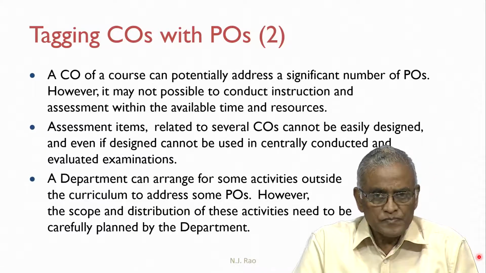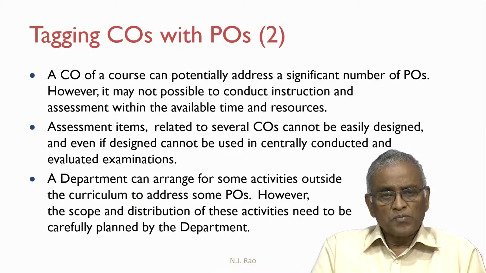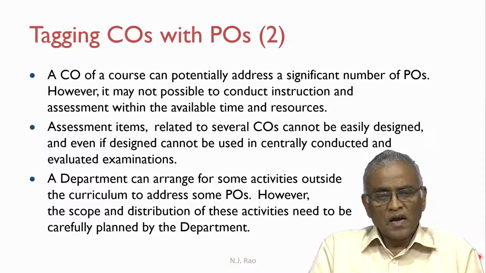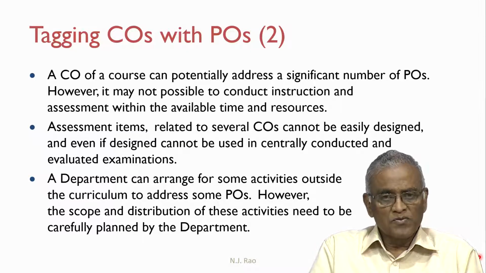Further, a CO of a course can potentially address a significant number of POs. Out of the 12, I can write in such a way that I just want to address 6-7 POs in that. But it may not be possible to conduct instruction and assessment within the available time and resources.